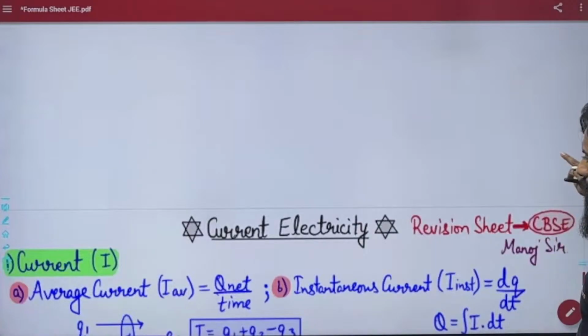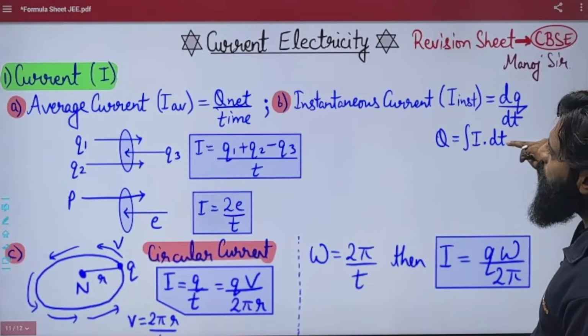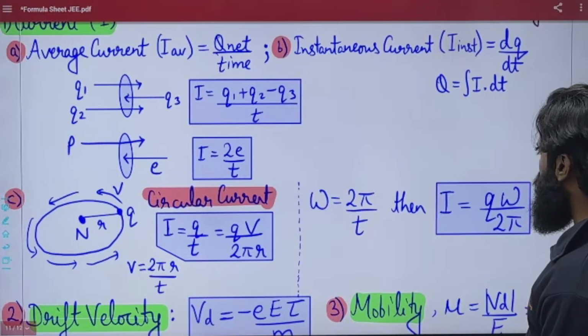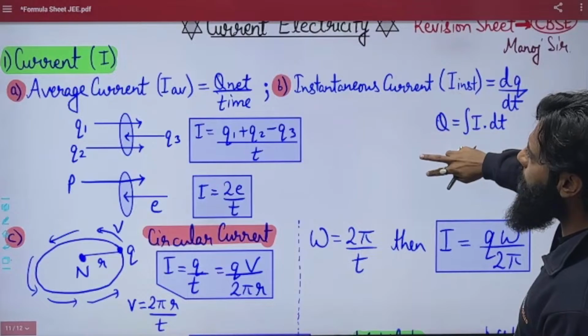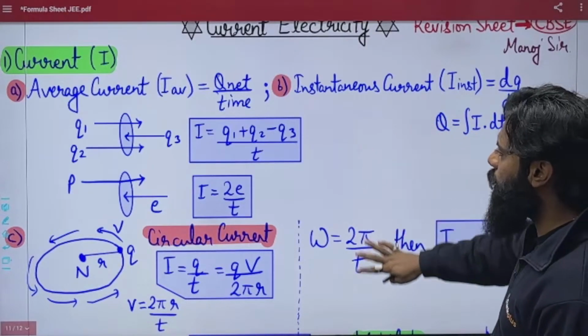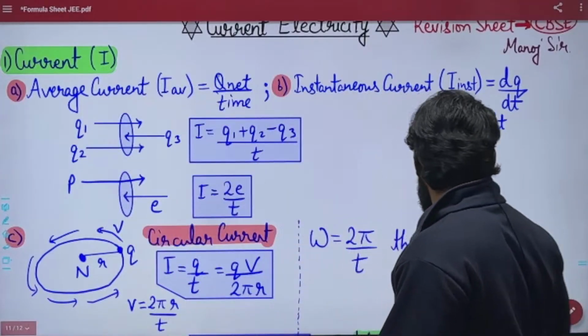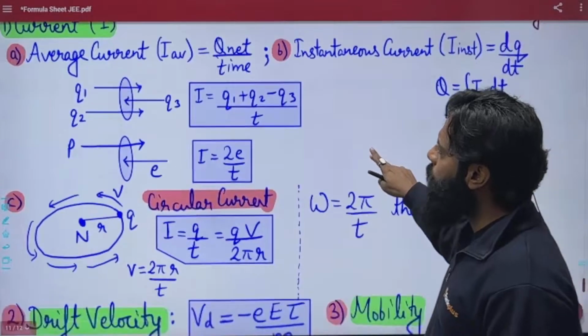And for current electricity, this is as per CBSE, because I still have to modify this for JEE, but we can revise this.